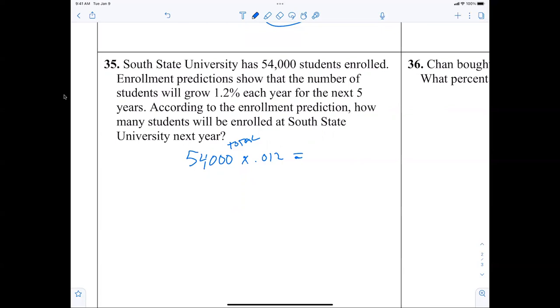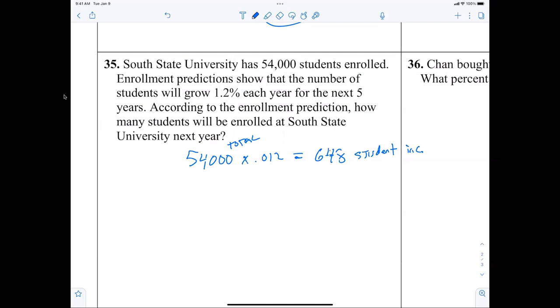I don't think so. Can't be that much. 1% is 540 people. So I know it's just a little bit more than that. What did you get? Yeah, that's what I got. 648 students increased. Now, the reason you got 6,480 is because I bet you did 12%, right? Not point. Yeah, you see what I'm saying, right?